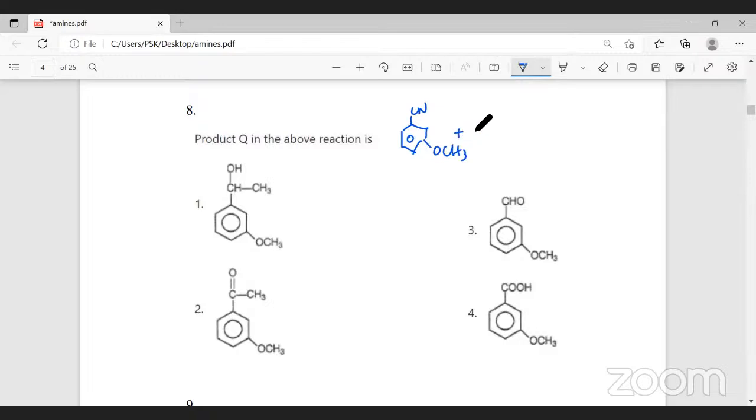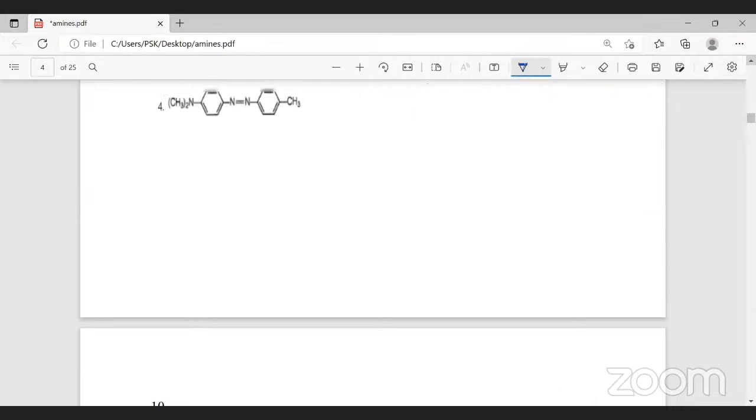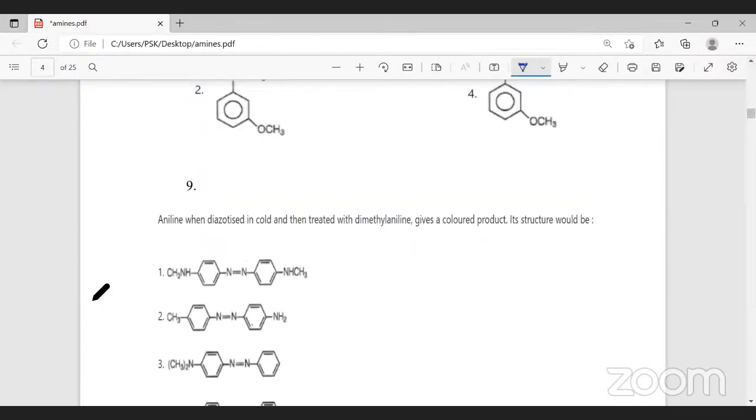This, when treated with methyl magnesium bromide, we get a product P. This, when hydrolyzed, gives a product Q. What is Q? In the question they've asked. So we can write the reaction like this. It's a cyanide: a benzene ring, C triple bond N, and OCH3.